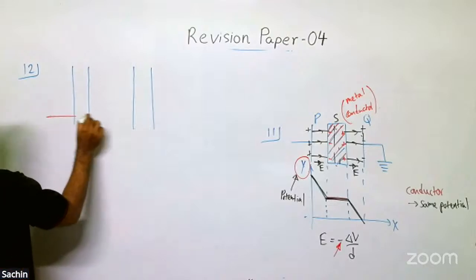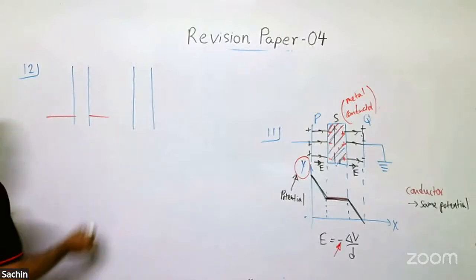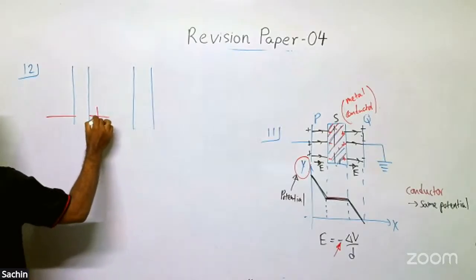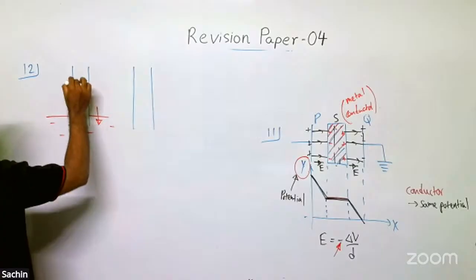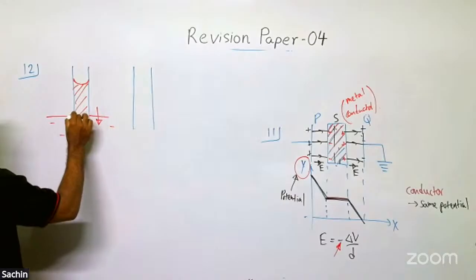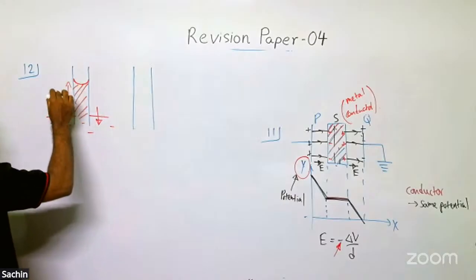So initially, one end is sunk in this liquid, so there will be the capillary rise. So let's say this is the height.